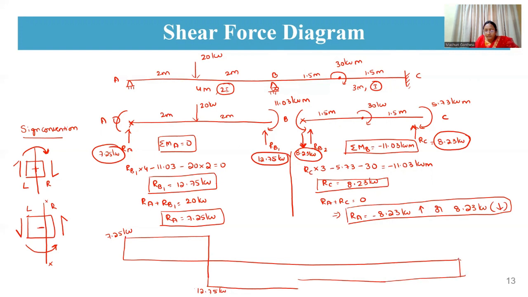Okay. So this value will be 8.23 kilonewton, and this current will be 8.23 kilonewton. So which is of negative and this is of positive. So this is A, and at this point it is B, and this is C. So this is a final shear force diagram we are going to get.